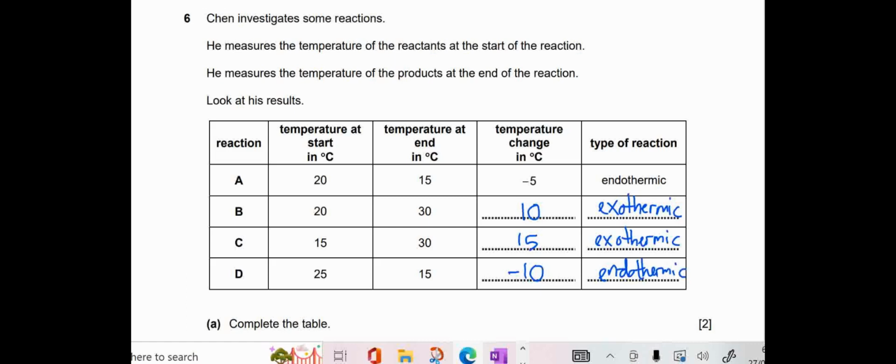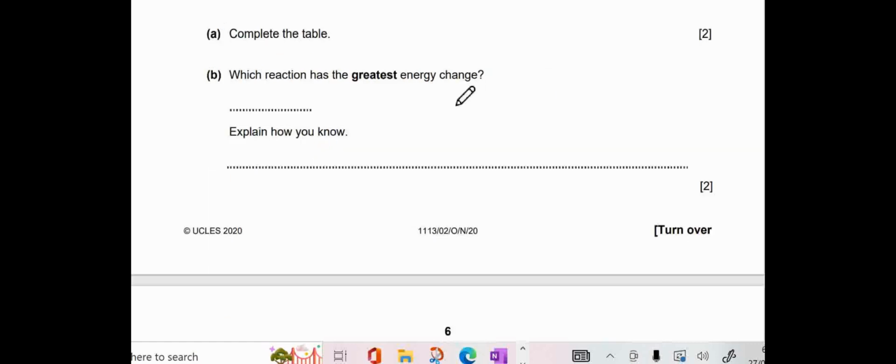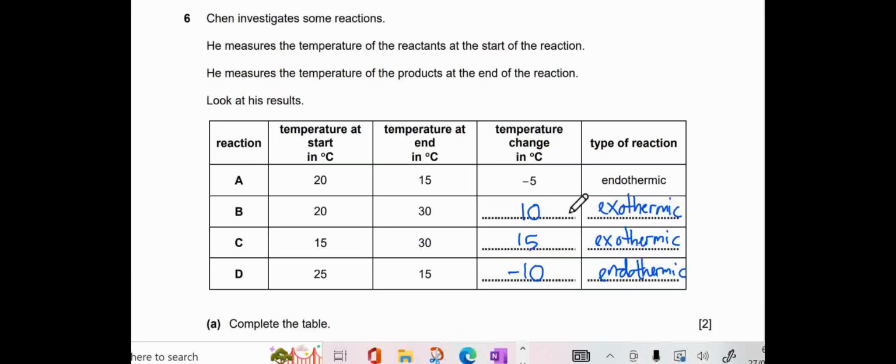So the table is filled. Next one. Which reaction has the greatest energy change? Explain how you know. If you see from the table, the greatest temperature change is 15, so it's reaction C because it has the greatest temperature change.